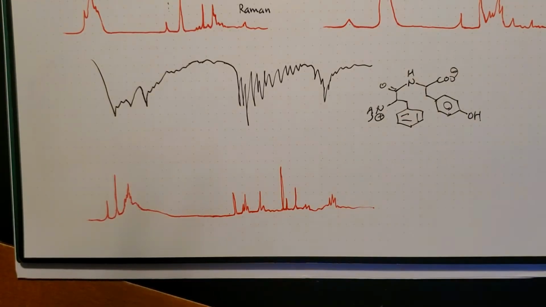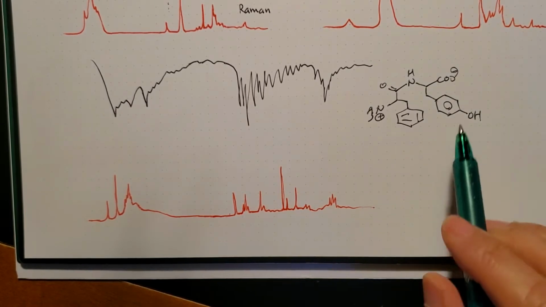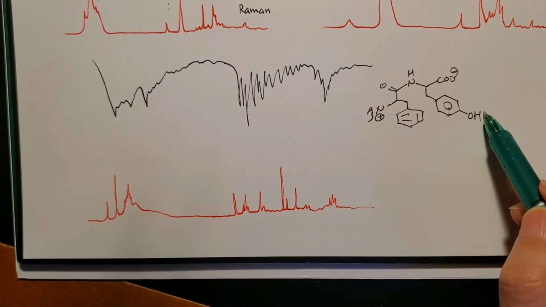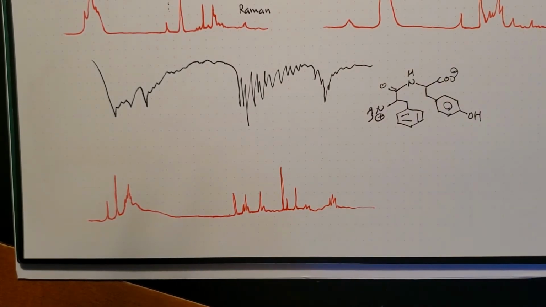And here is another biosample. You have a dipeptide, phenylalanine and tryptophan. As you can see, you have two similar benzene rings, and you have an alcohol OH and the carboxylic acid functional group.